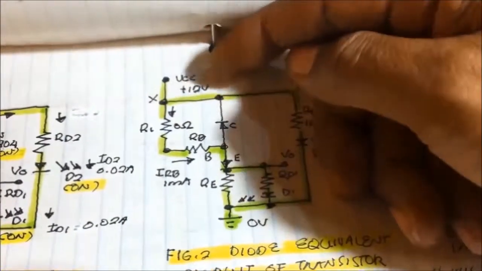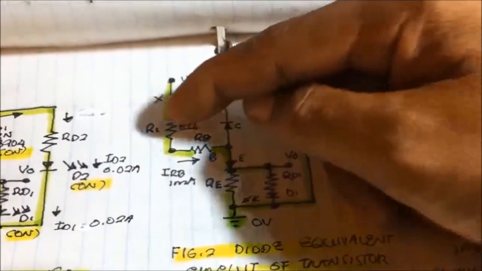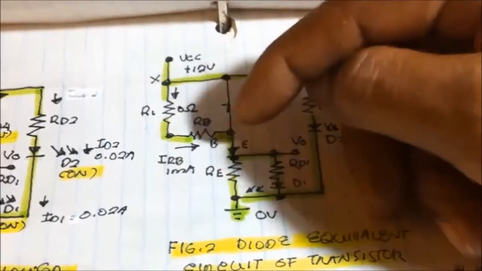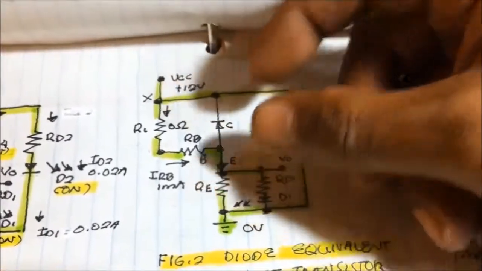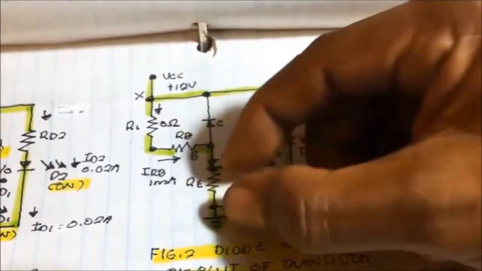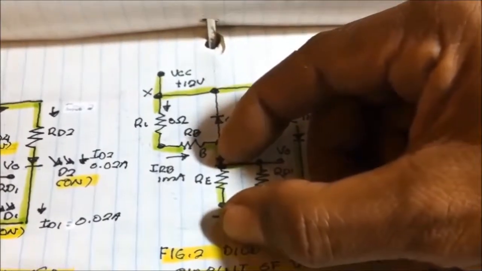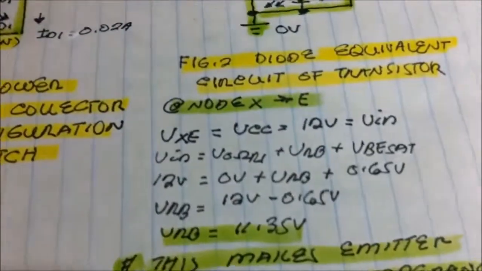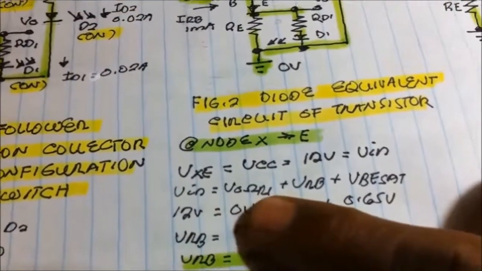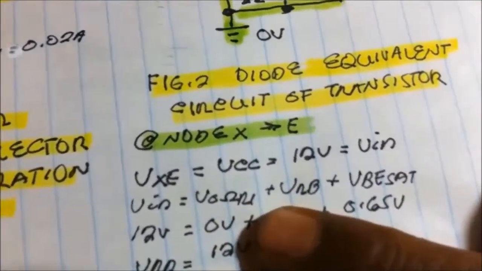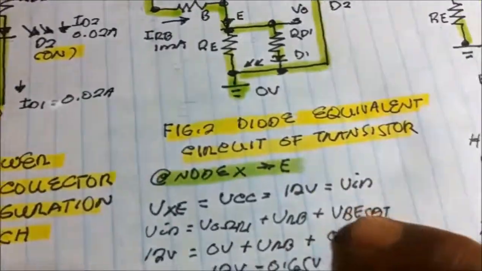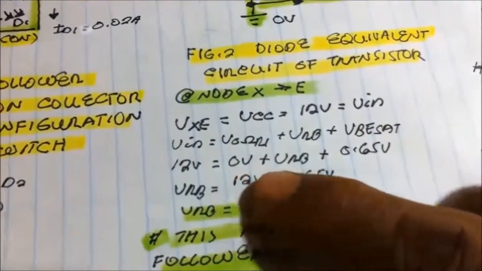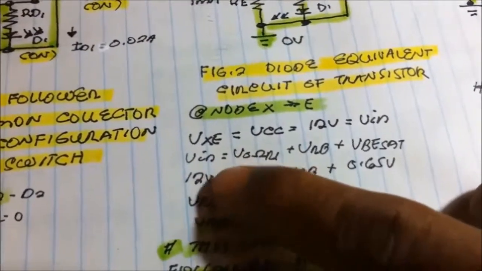So this one should be 12 volts minus the voltage drop at the R1, RB, and the base to emitter junction of the transistor, and whatever the voltage there is now the input voltage for the load. By computing that, VCC, 0 ohms plus the voltage drop RB, voltage drop BE, we got here. And then we know the VCC or the VCC.